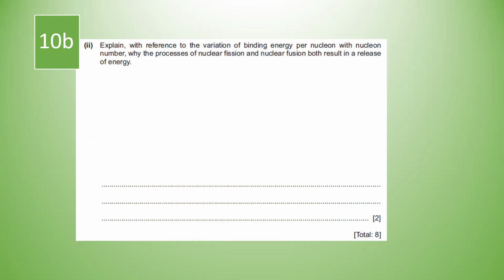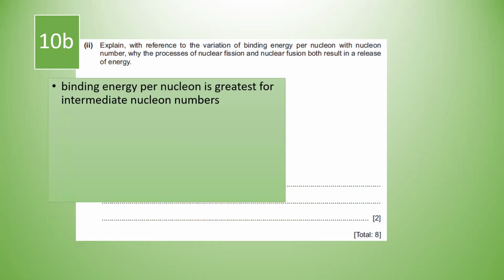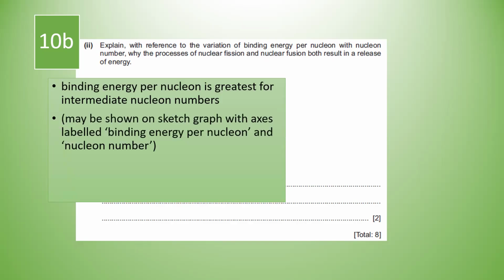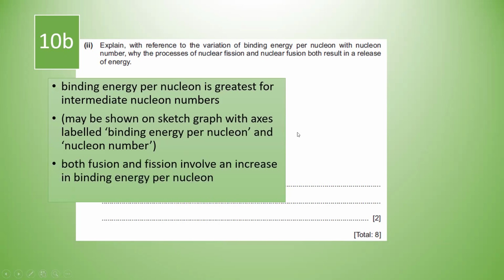Binding energy per nucleon is greatest for intermediate nucleon numbers. Binding energy per nucleon is greatest for intermediate nucleon number. You can draw your graph.